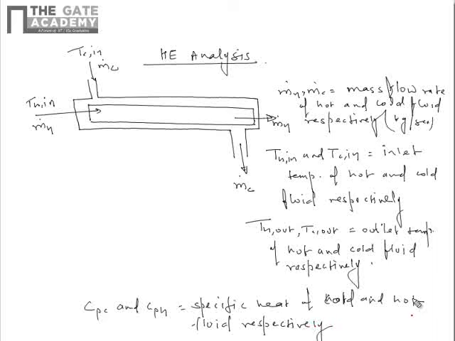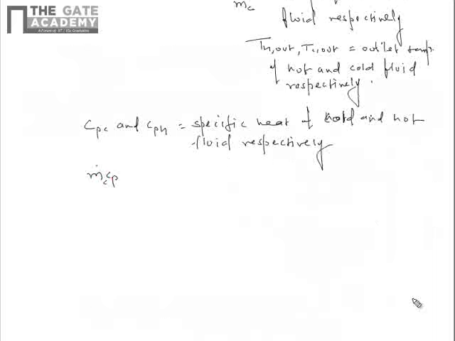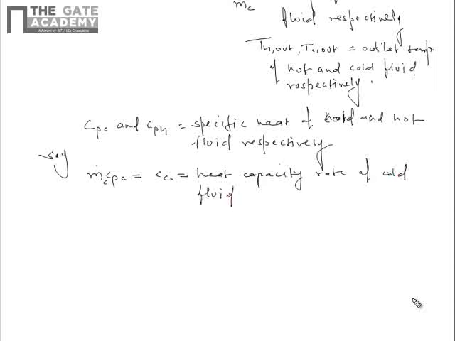Then we say m dot c Cpc is equal to Cc, say, and this is nothing but the heat capacity rate of cold fluid, and m dot h Cph is equal to Ch, which is the heat capacity rate of hot fluid.